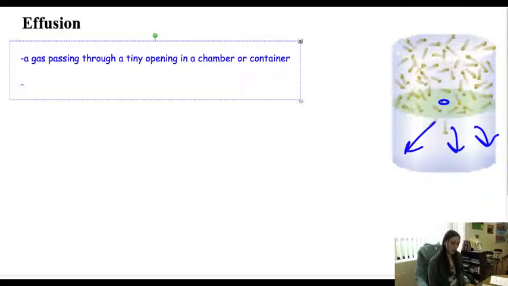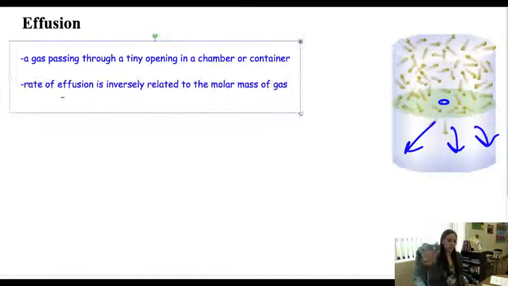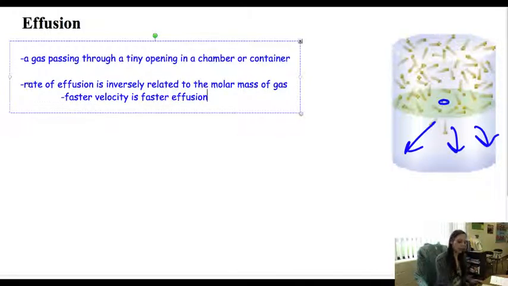The rate of effusion is inversely related to the molar mass. This means that the heavier they are, the slower they're going to move, and the slower they are going to pass through that little tiny opening. It also works with the faster the velocity, the faster they effuse. And we have an equation that we looked at last year for the rate of effusion.